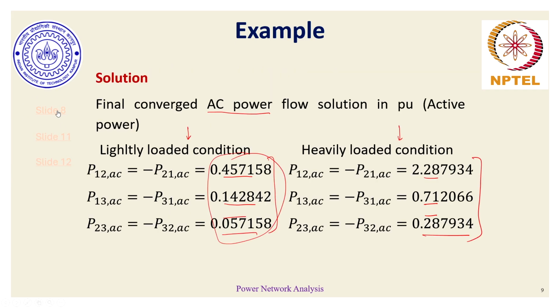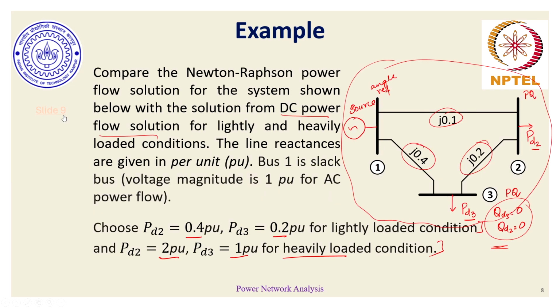In fact, these flows that I am stating here, P12 AC, P13 or P23 AC, what are these? P12 is the flow from bus 1 to bus 2 on the line connecting bus 1 and 2.